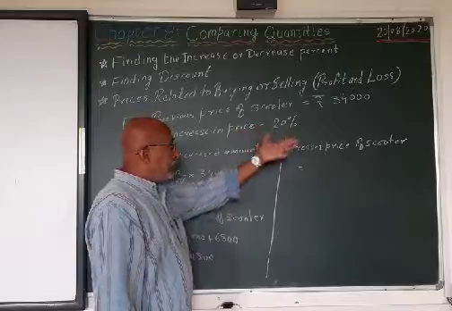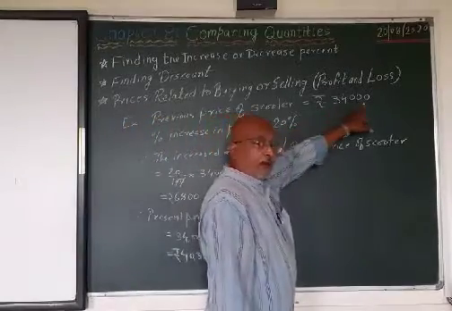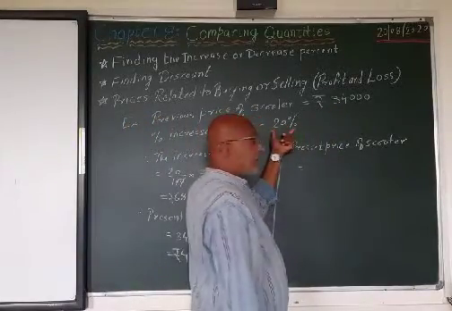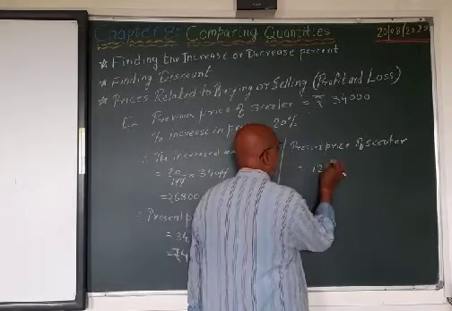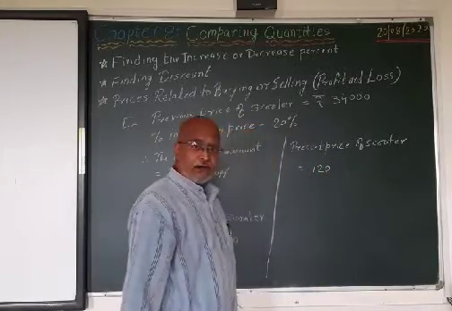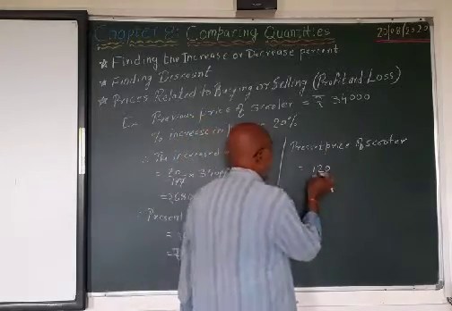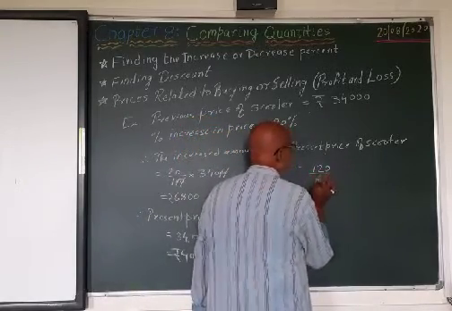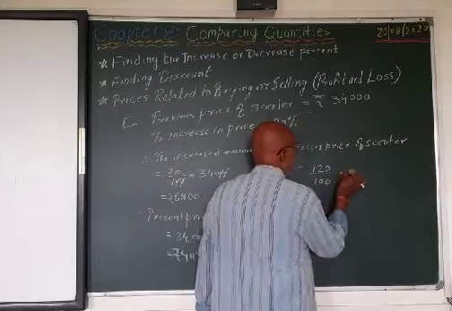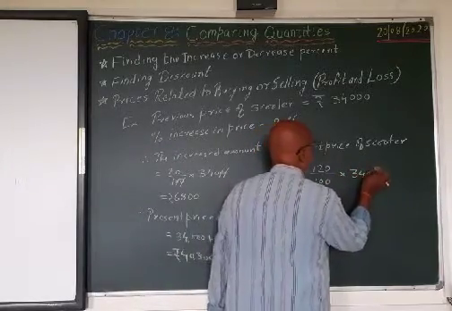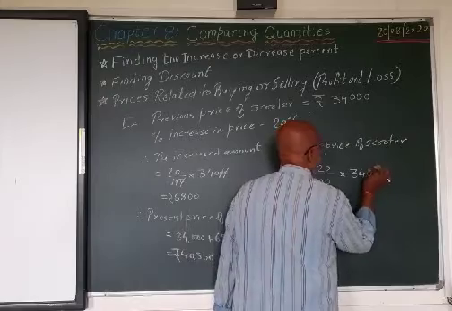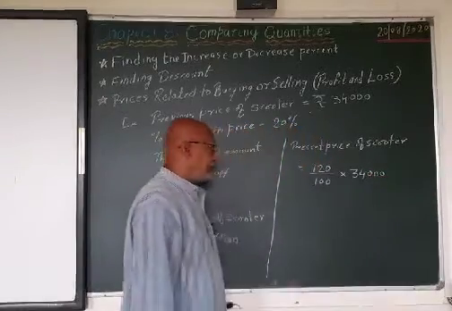Now what is the price? This is price 100%. Increase is 20%. So I will write 120. 100 plus 20 is 120. Divided by 100% multiplied by 34,000. That is the previous price.